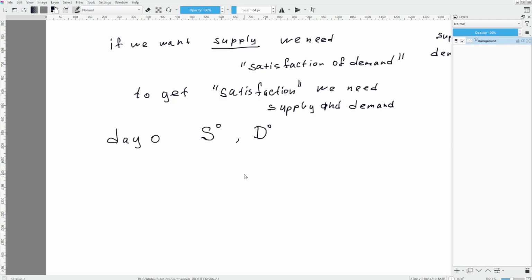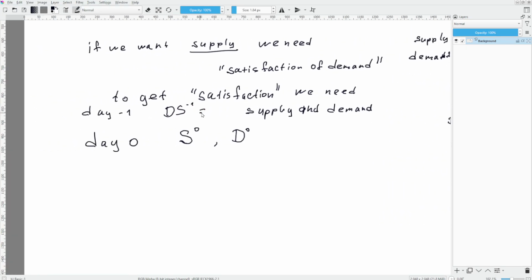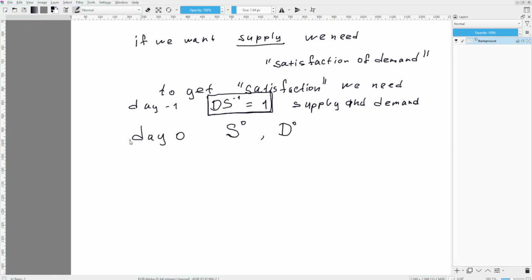For example, we can assume that at day -1, supply demand satisfaction is equal to, let's say, 1. And assuming this demand satisfaction, we can calculate day 0 supply and demand.